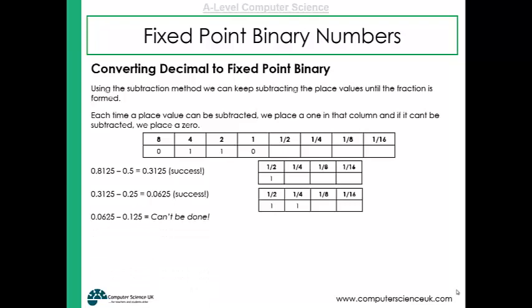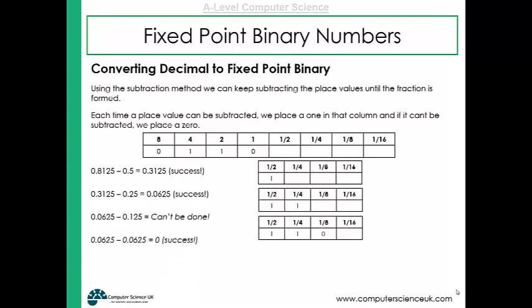So 0.0625 is the next bit to be represented. Now, can we subtract an eighth from that? Well, no, we can't. An eighth is far too big, so we put a 0 under the eighth place value.